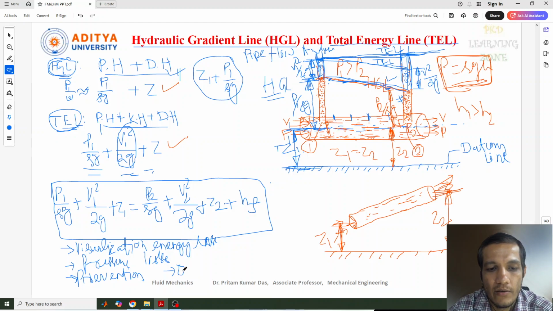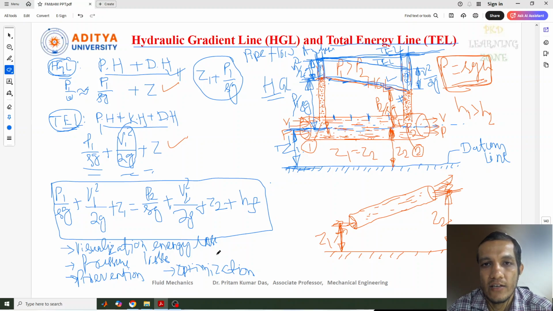So we need to optimize: whether the pump placement is correct, or pump replacement is required, or whether cavitation forms in the pipe, and whether valves are properly placed. All these things can be identified by this concept.